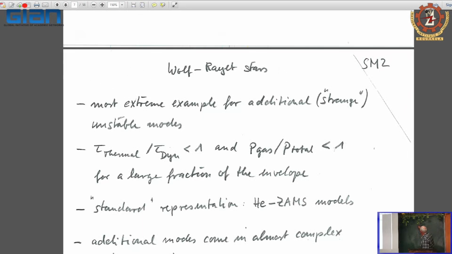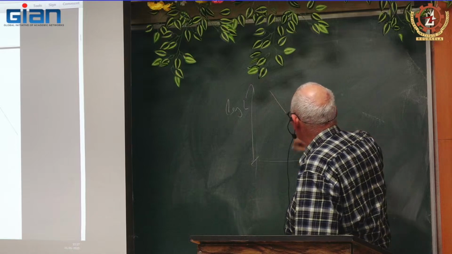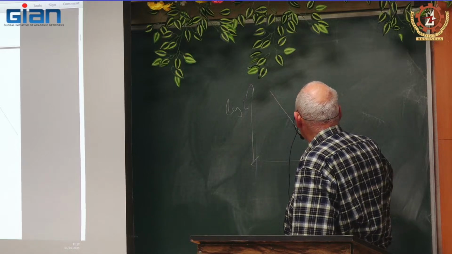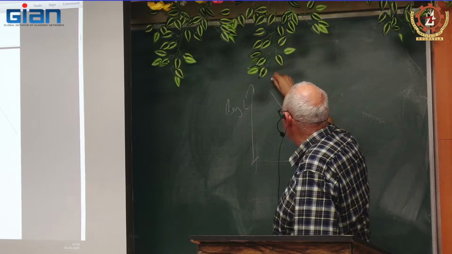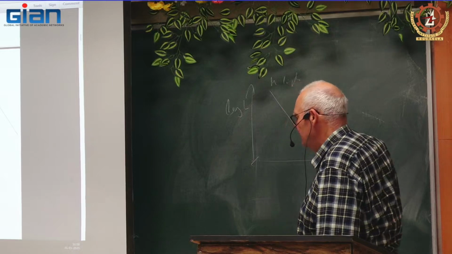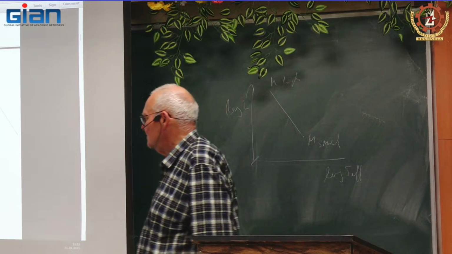So log L against log T_eff, defining the position where helium is starting to burn, gives a sequence in mass, and this is M. Here on the bottom of this sequence, M is small, and here M is high. So they are represented by helium 0H main sequence models.